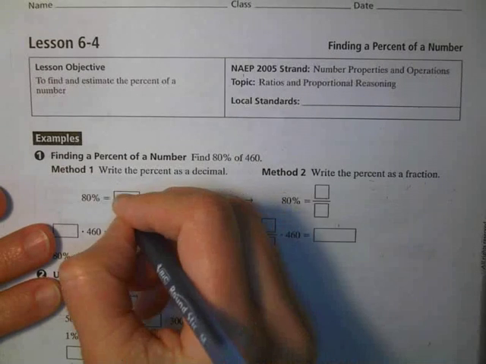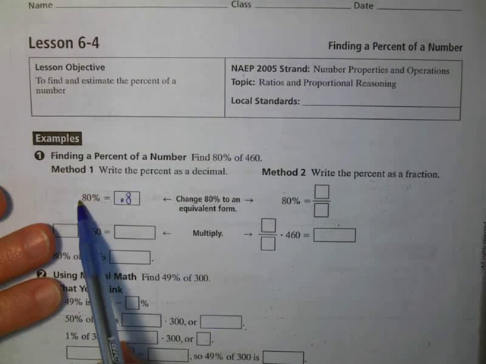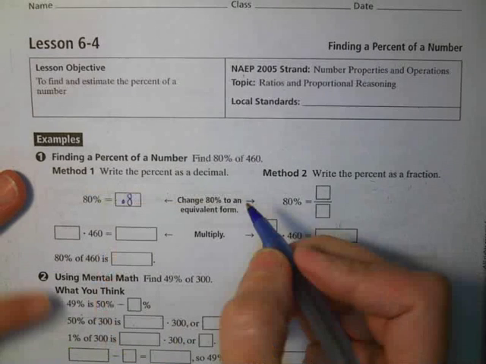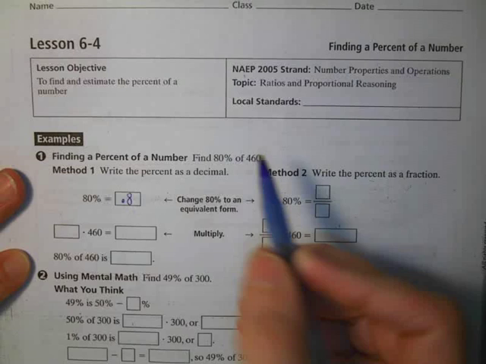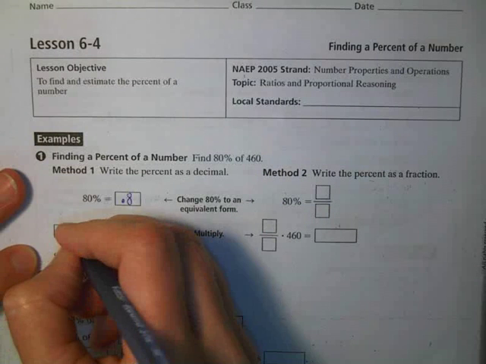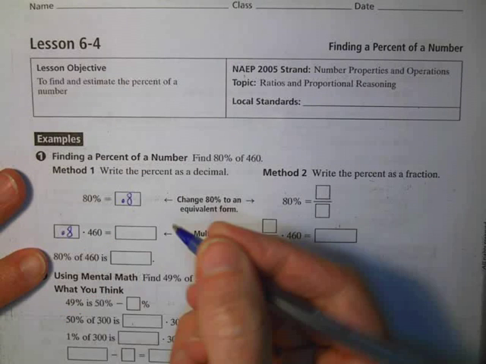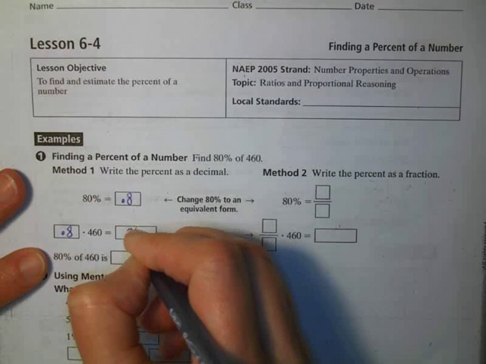So 80% is 0.8 as a decimal. Remember, I'm going to move my decimal point 2 places to the left and drop the percent sign. Then to find 80% of 460, 0.8 of means times in this situation, times 460 gives me 368.